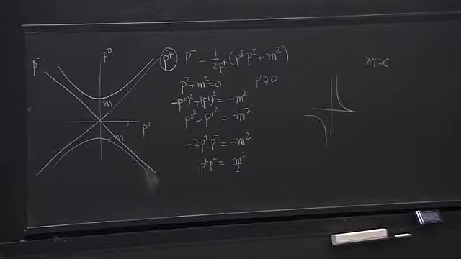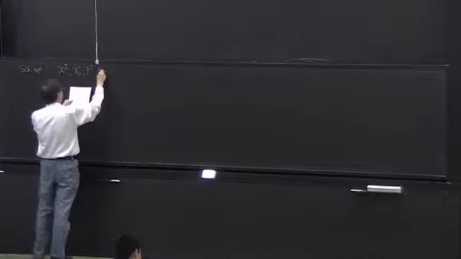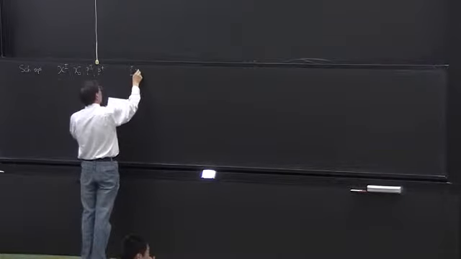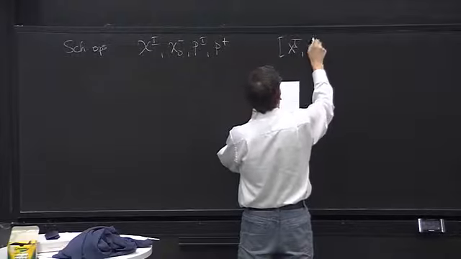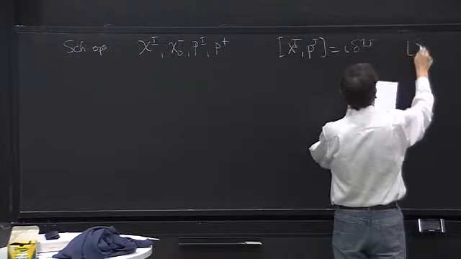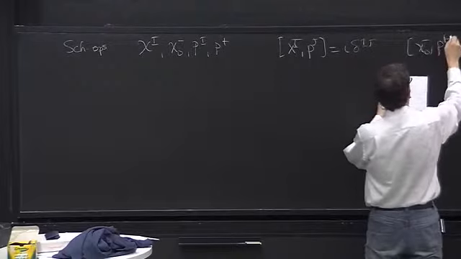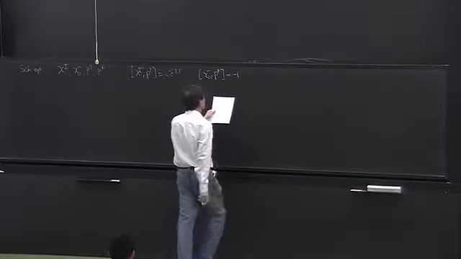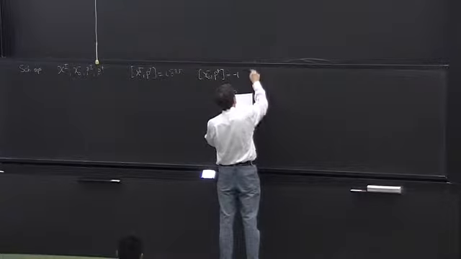But at this moment, I want to resume what we were doing last time. So we had decided that we're going to have Schrödinger operators for the point particle: xi, x0 minus, pi and p plus, with commutation relations xi with pj equals i delta ij, and x0 minus with p plus equals minus i, and a whole collection of defined operators.